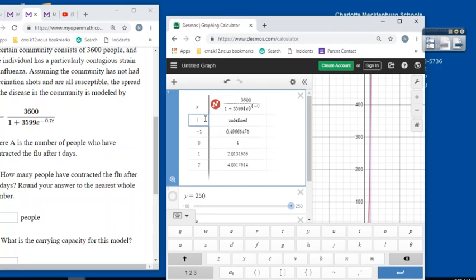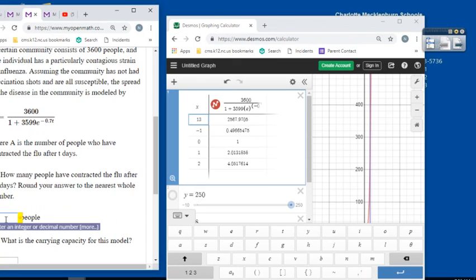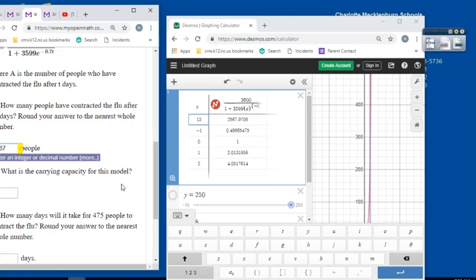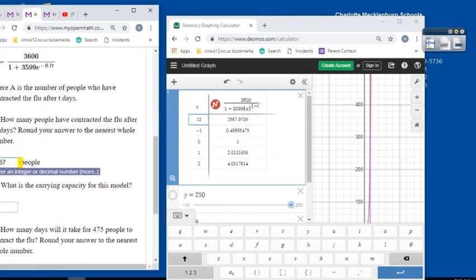After 13 days, 2567.9, so that should be 2568. Maybe they want us to round down. Let's just try 2567. Carrying capacity is 3,600.